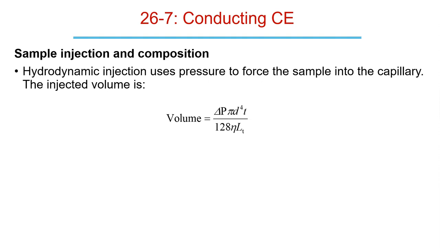And so this is going to be about the viscosity of the solution, the diameter of the capillary, the time that we're actually putting it under pressure. So that, pi is in there because, again, it's a cylinder for some unit area, under some level of pressure, for some amount of time, right? And so we can calculate that.